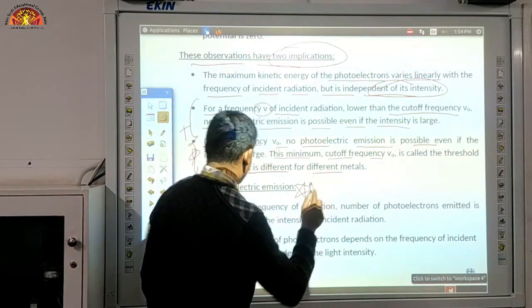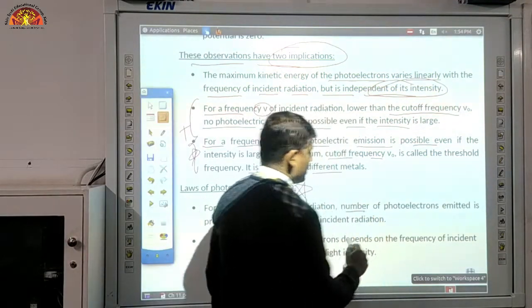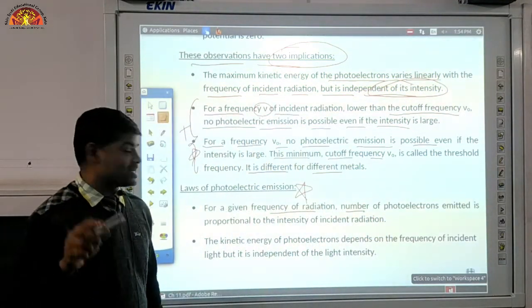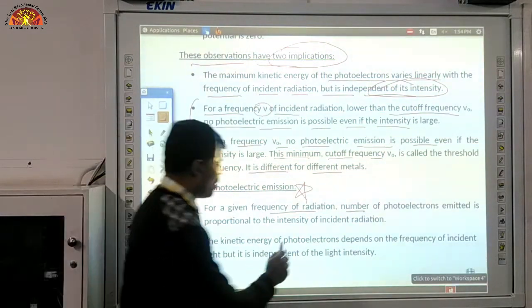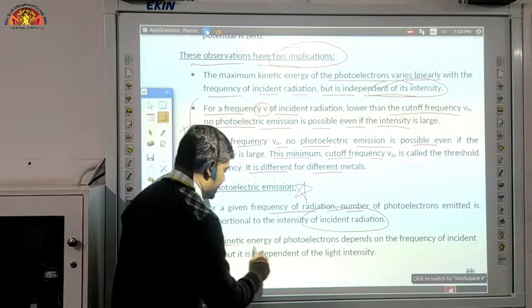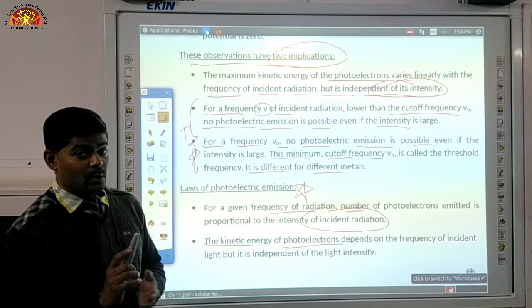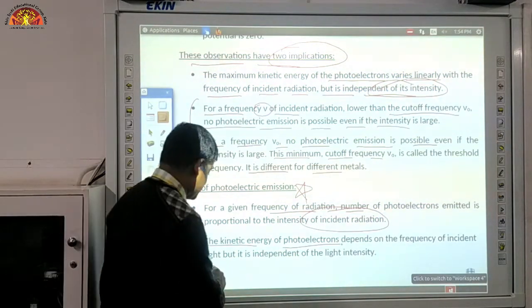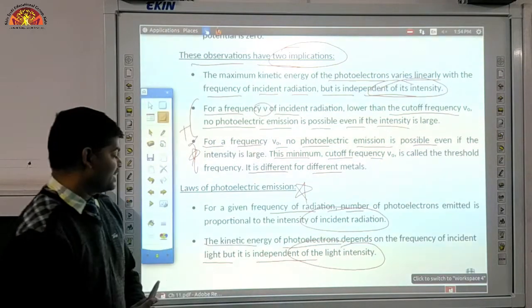Now come to the laws of photoelectric emission. This is a very important one. For a given frequency of the radiation, the number of photoelectrons emitted is proportional to the intensity of incident radiation. Next, the kinetic energy of the photoelectrons depends on the frequency of the incident light, but it is independent of the light intensity.